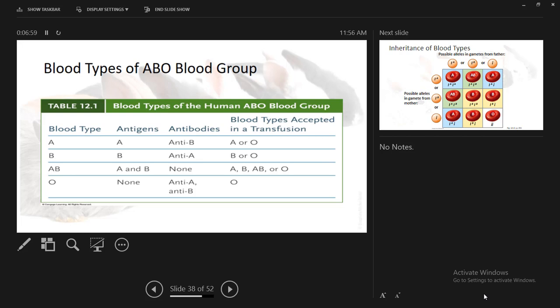If you have type O blood, which happens to be recessive to all other blood types, but also happens to be the most common blood type, you don't express any of these sugars on the surface of your red blood cell. You don't express the A sugar, you don't express the B sugar, and you certainly don't express both. Doesn't mean that you don't express anything on your red blood cells, just means that you don't express these sugars.